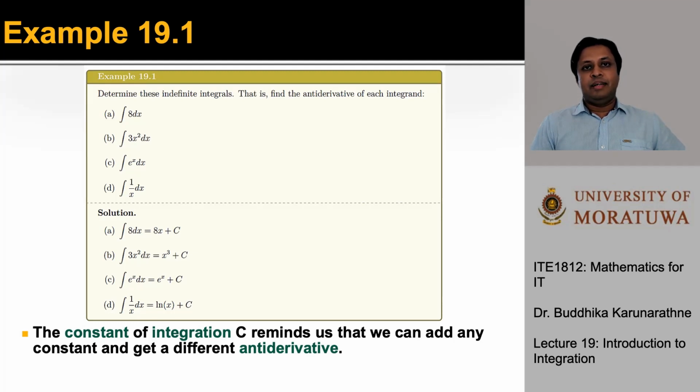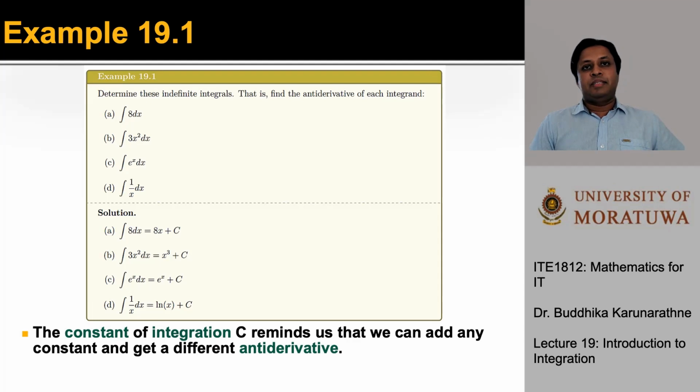When you integrate 3x squared, you need to find the function whose derivative, when taken, gives you this original function. Which means that when you integrate 3x squared, it becomes x to the power 3, and you have to add the constant c: x cubed plus c.